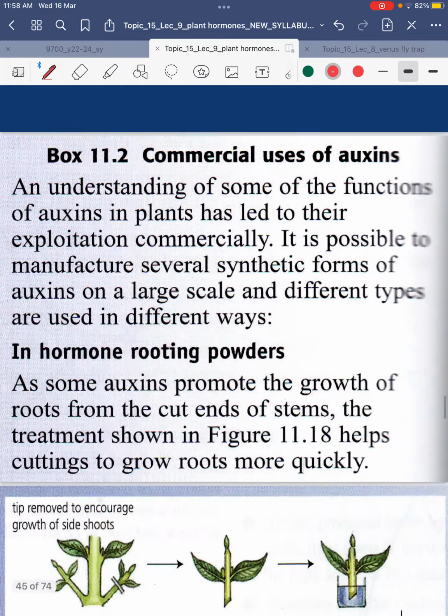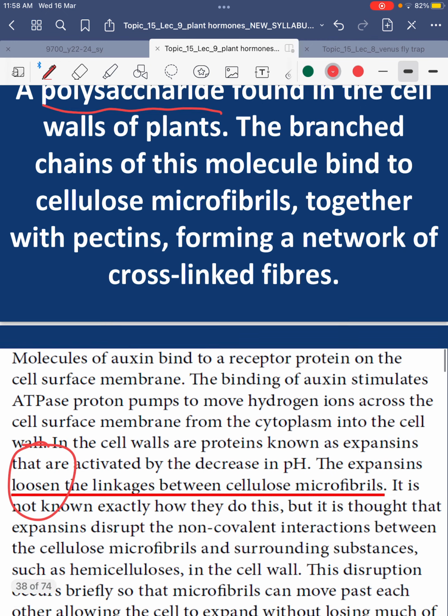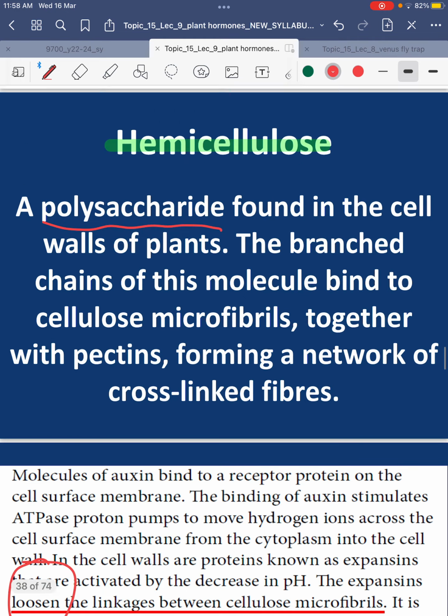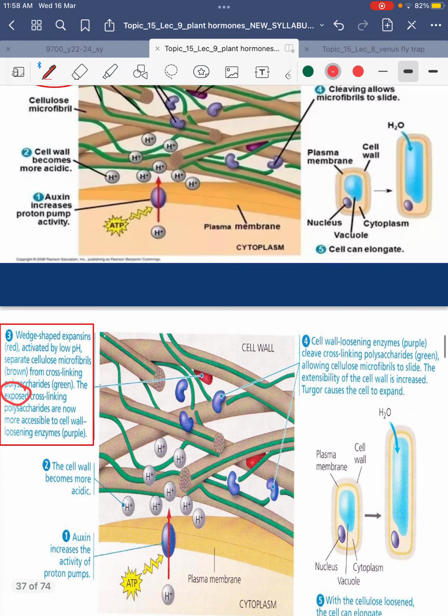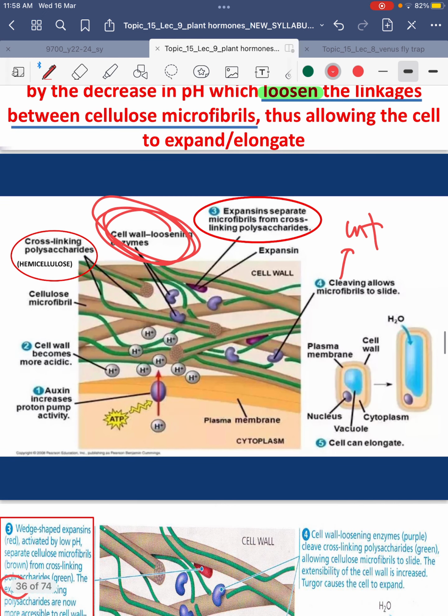So basically, it's very, very important. You just need to have a clear distinction or differentiation between the closure of the Venus flytrap and the stem elongation triggered by auxin.